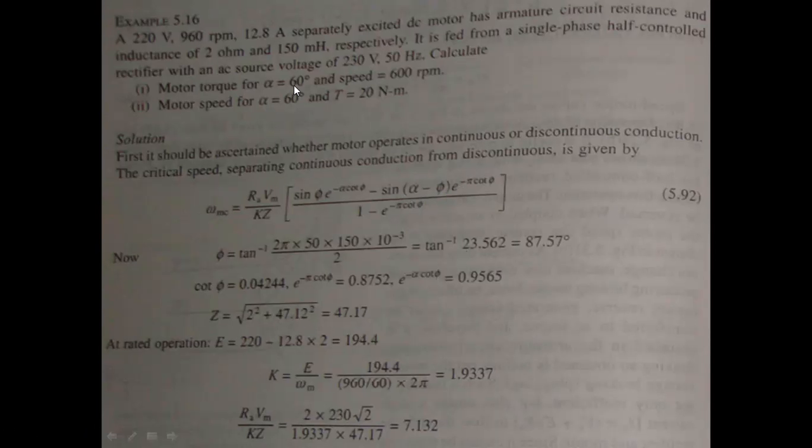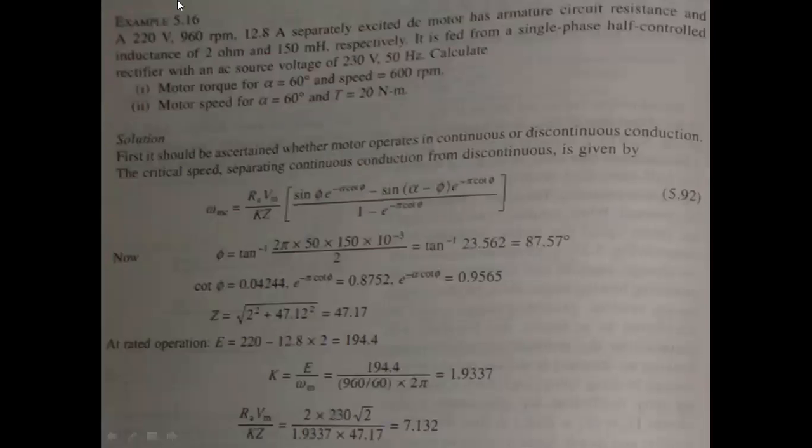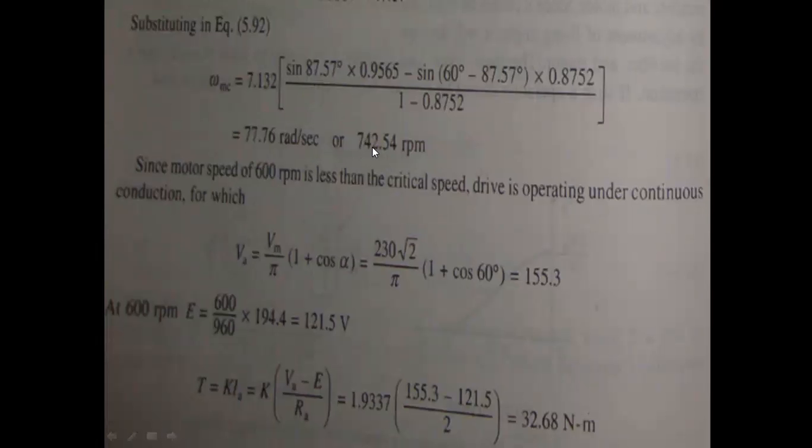Alpha is given as 60, phi is calculated as 87.57. If you substitute, you will get 77.76 radians per second, or 742.54 RPM. Okay, so this is the critical speed, 742.